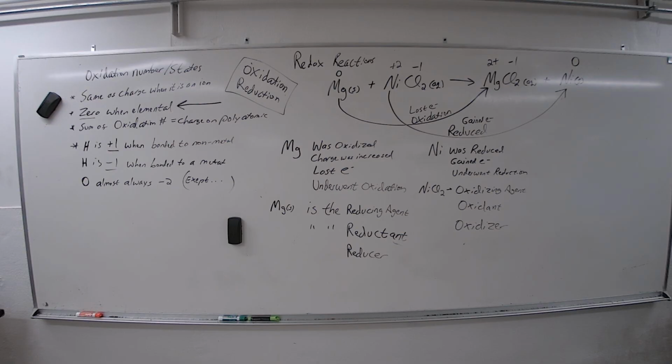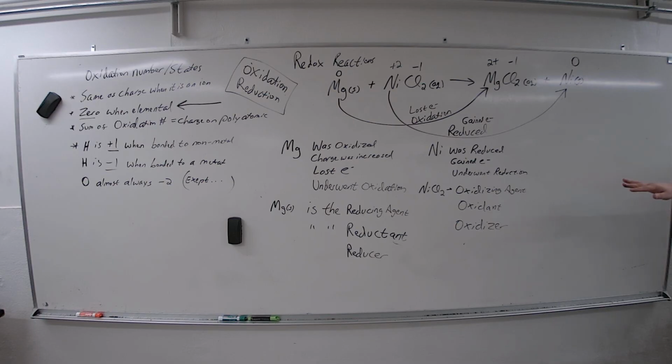Next is redox reactions. I've got a bunch of these in here. Let me just point out for each one of these, I guess I just did a few of them. But I have also on there, phosphorus here, had its charge increased, it lost electrons, it's undergone oxidation, it has been oxidized.